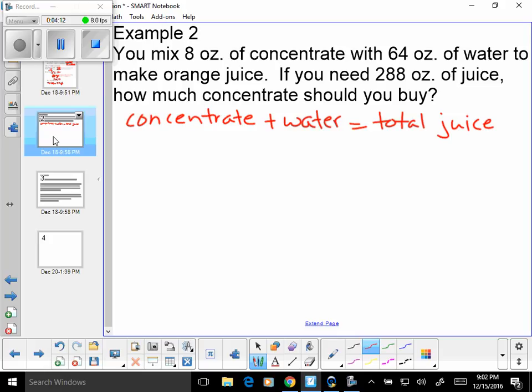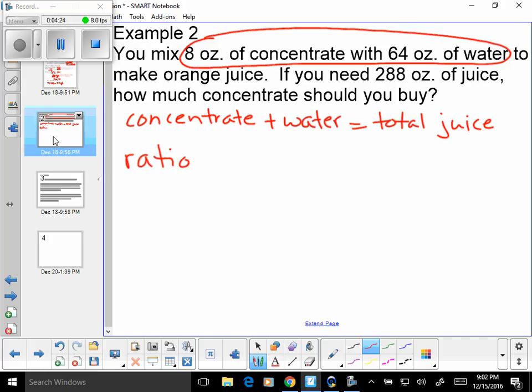Okay, so at this point you're probably saying, yeah, so where's the ratio? Well, it's right here. Our ratio is 8 to 64. And I'm really not going to reduce that, although technically I suppose I could.